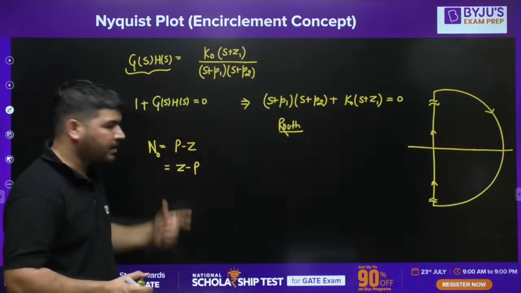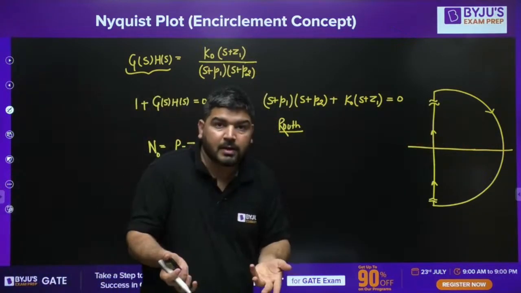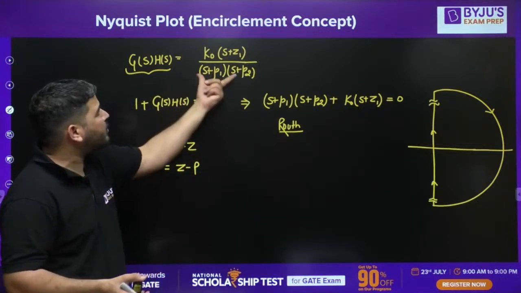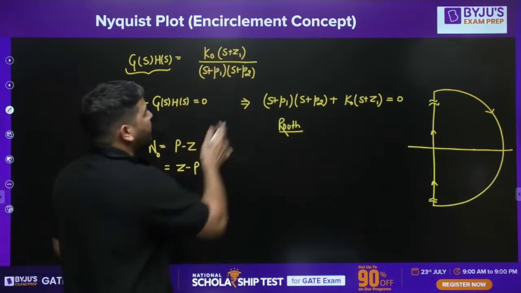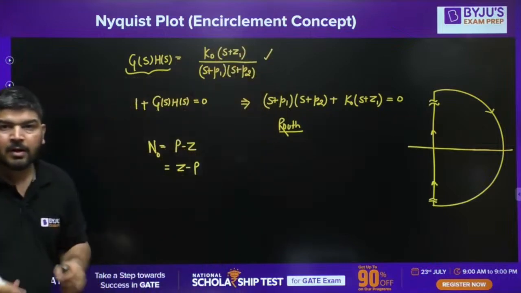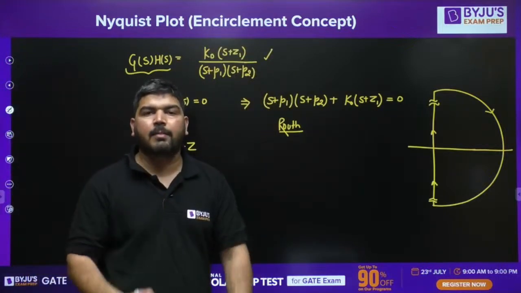That you need to check, because G(s)H(s) poles and zeros are visible to us, so we can directly tell the number of encirclements of origin.